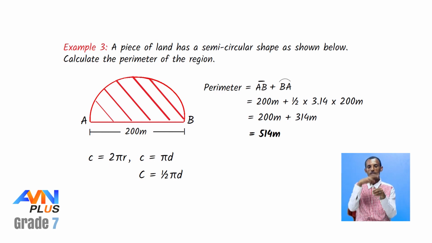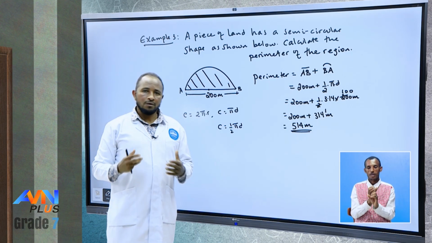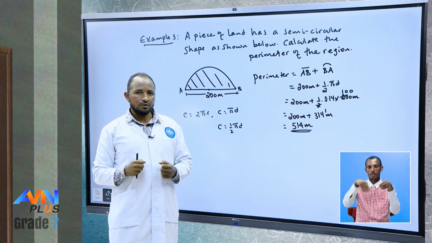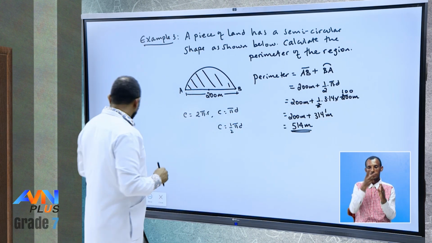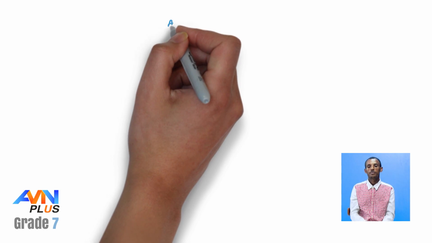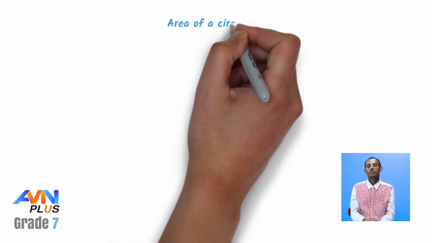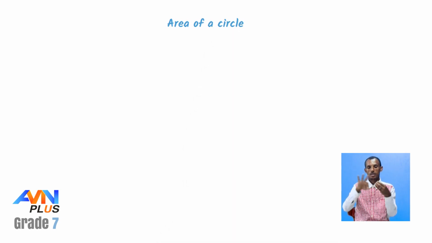So now we can proceed to how to calculate the area of a given circle. Area of a circle. Okay.